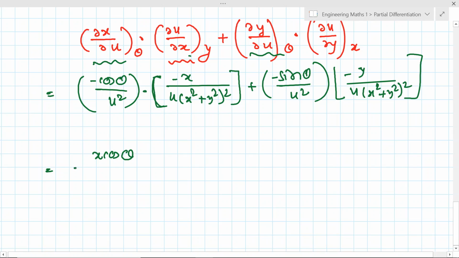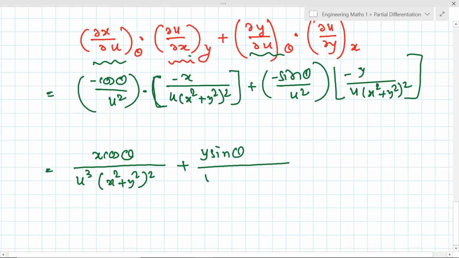Denominator is same, divide by u into u is u cube into (x square plus y square) bracket square, minus minus become plus, it is y into sin theta, divided by, this is again same, u cube into (x square plus y square) bracket square, like this.